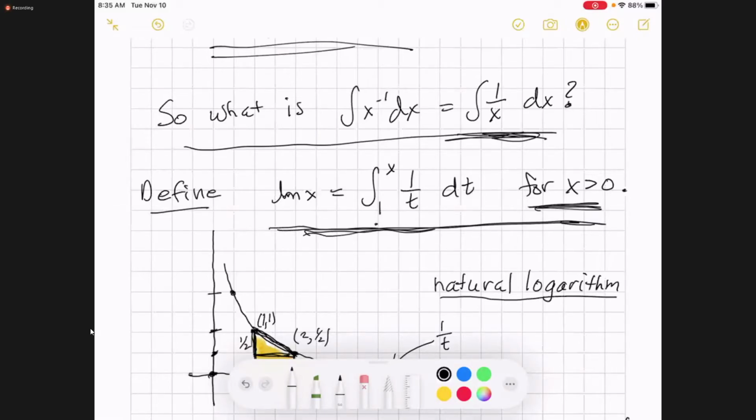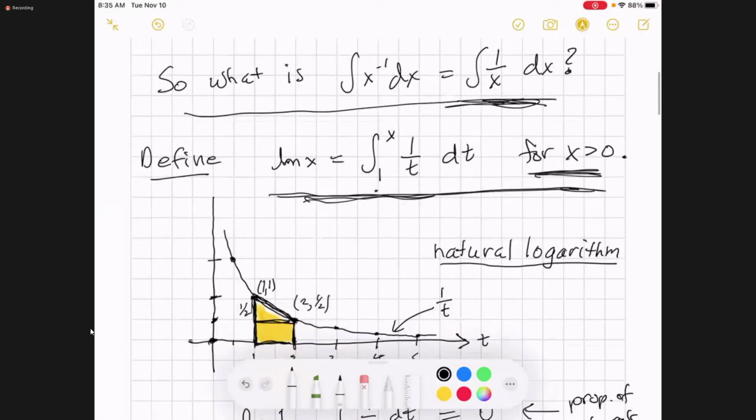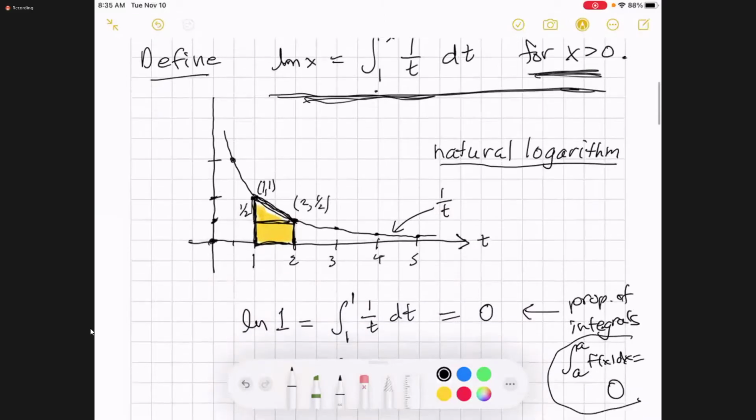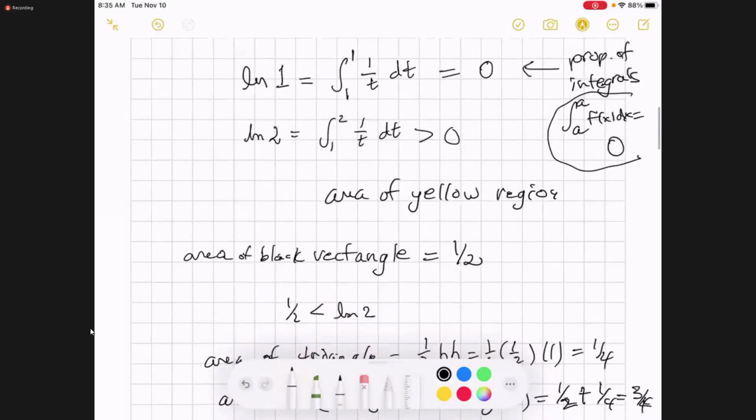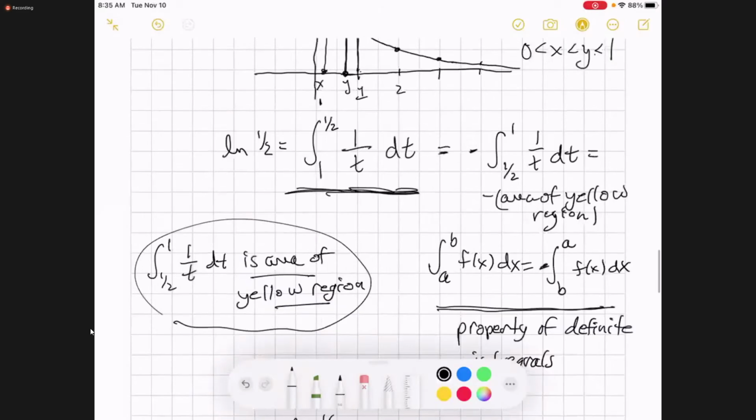Yeah, when we're interpreting it in terms of areas of regions, that's exactly what we're doing. Okay, gotcha. All right, I'm on track. Okay, but that's a good question to ask.